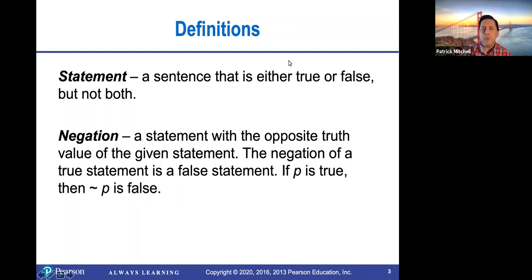And the notation that we use for negation is this little tilde squiggle thing. So notice I'm using P to stand for the statement. The most common letters that we use for statements are P, Q, and R, but you can use other letters. So if the statement P is true, then the negation of P is false, and also vice versa. If P is false, then the negation of P would be true.